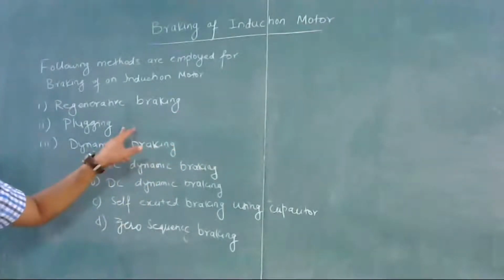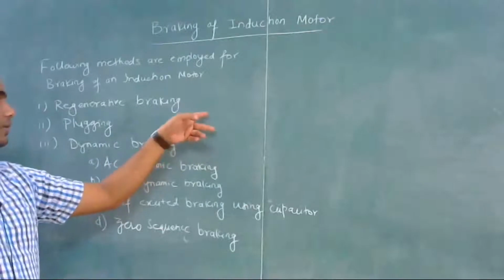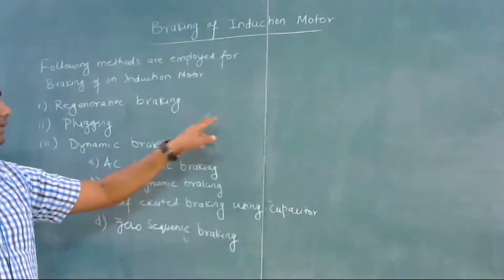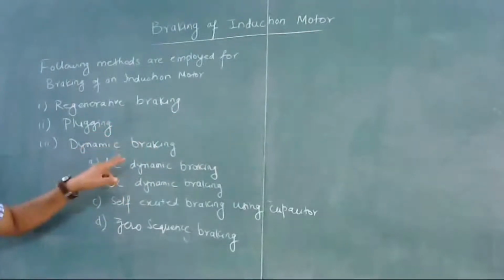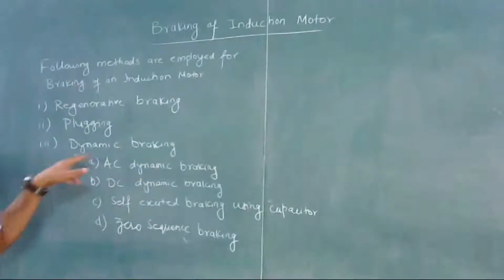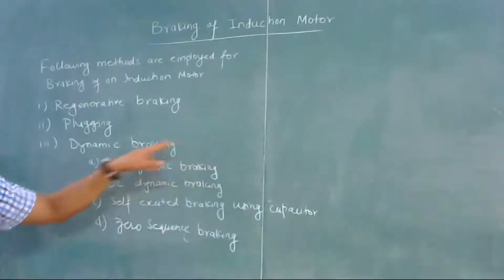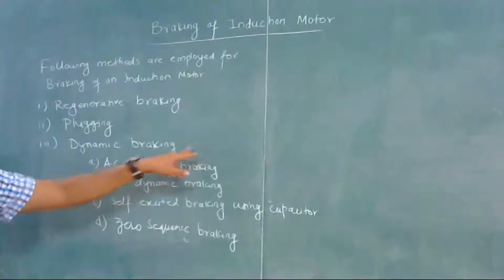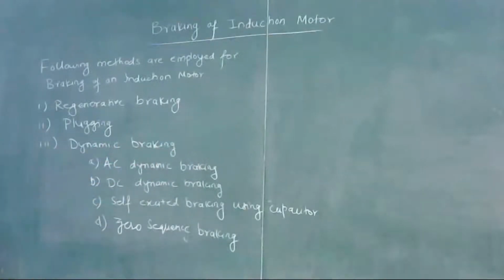In plugging, the two phases of the motor are interchanged. In dynamic braking, we disconnect the supply given to the stator of the induction machine and connect it to a braking resistance. First we will study regenerative braking.